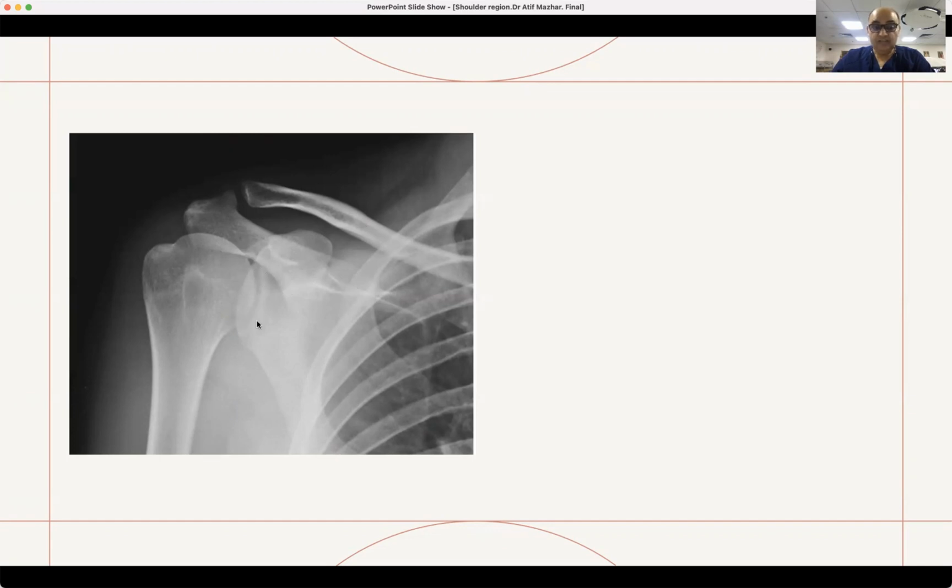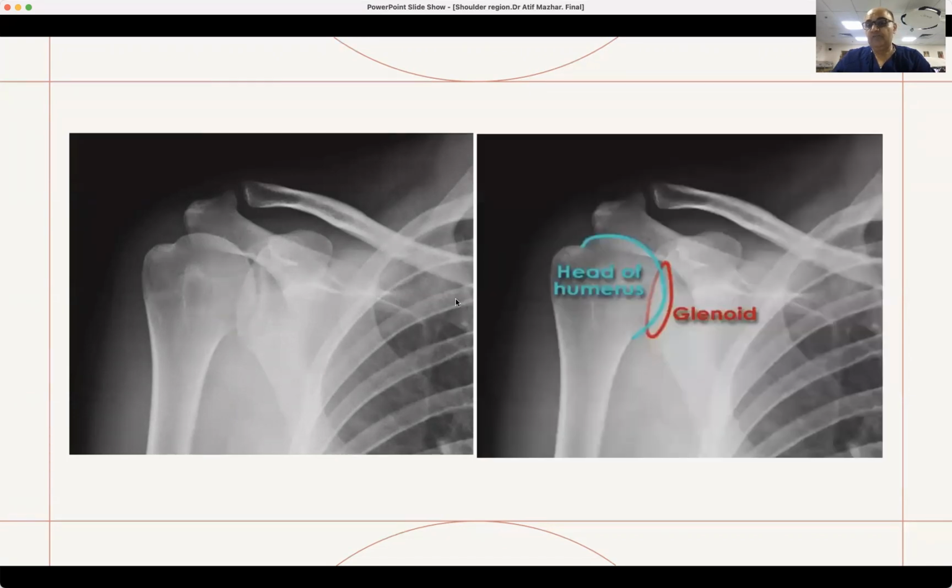Just see that there is a circle and there is another circle. You can see that these circles should be matching. That explains that the head of the humerus is well in contact with the glenoid cavity. So this is a normal X-ray, and this is taken in an anterior posterior view. Regarding the views, we'll talk in more detail when we cover the radiological images.